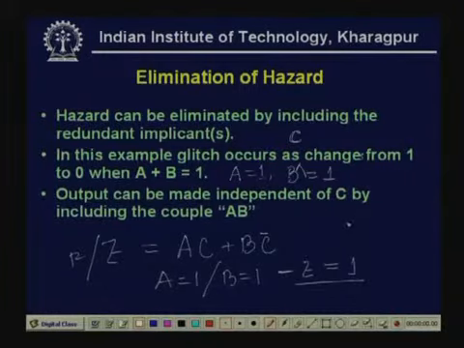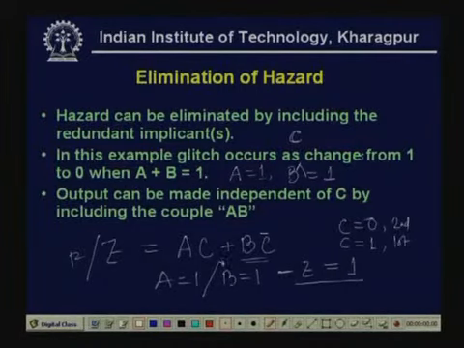That means, if C equal to 0, see the type of function, if C equal to 0, then the second term is 1. If C equal to 1, then the first term is 1, and as it is an OR function, so 0 plus 1 is 1 or 1 plus 0 is 1.